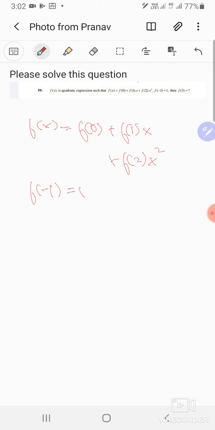So I think what I can do is put x equals 0 in this equation and it should still be satisfied for all values of x. This gives me 0 equals f of 0 plus 0 plus 0. So f of 0 is 0, which means we can just remove it.